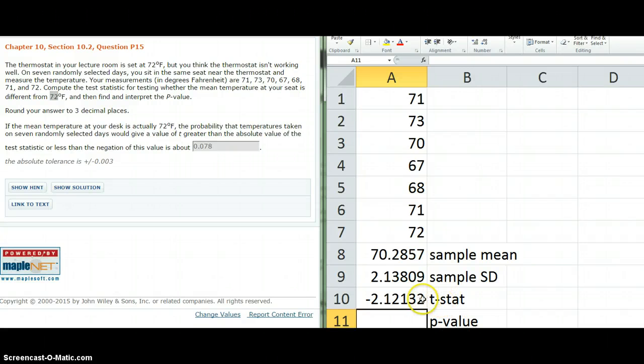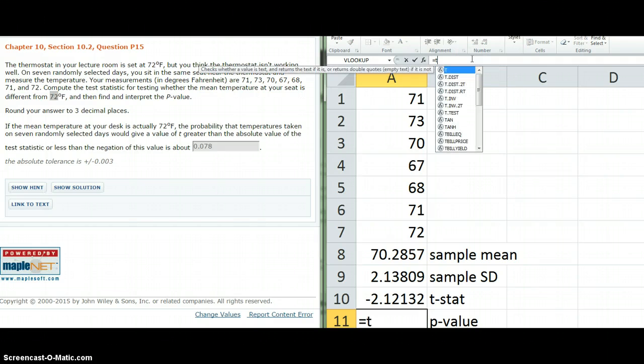Now we just need to figure out what that actually corresponds with in a t-distribution with 6 degrees of freedom. So in a simple t-test, our degrees of freedom is the number in our sample minus 1. So that would give us 6 degrees of freedom here. So we go for the p-value. To do that, we're going to use the t-distribution.